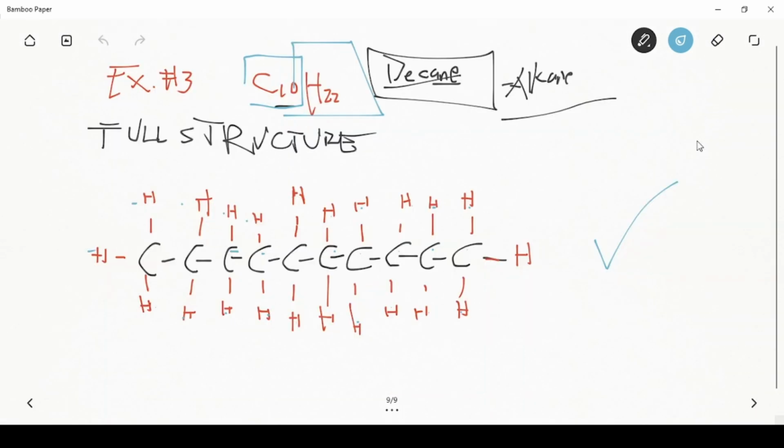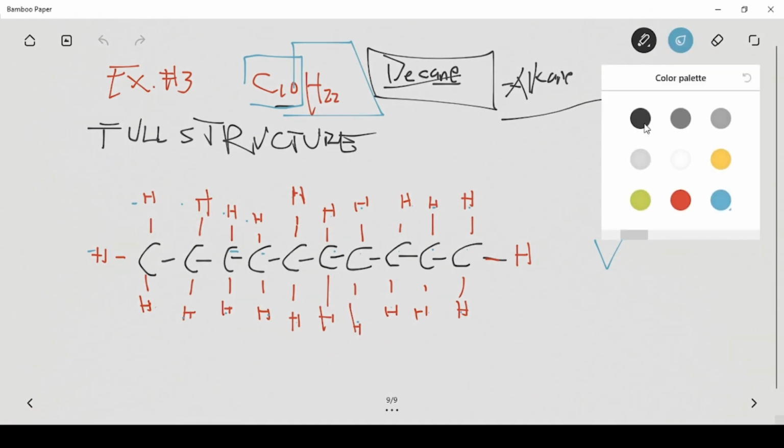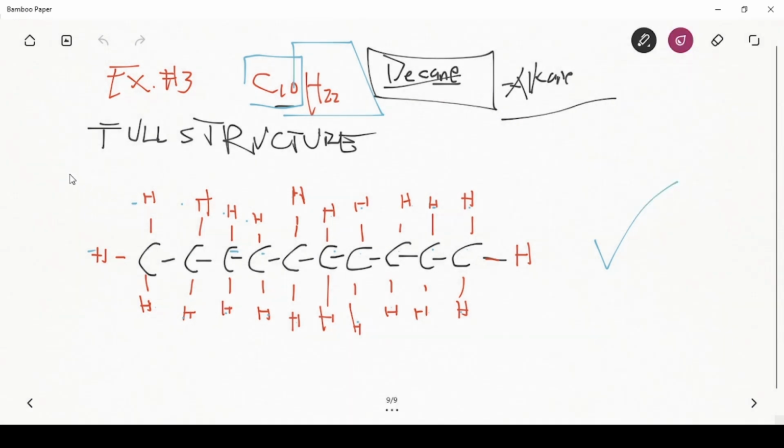Okay. Now, in condensed structure, we must base our condensed structure on every carbon. So the first carbon has three hydrogens. So we must write C, H, and the number of hydrogens is three.